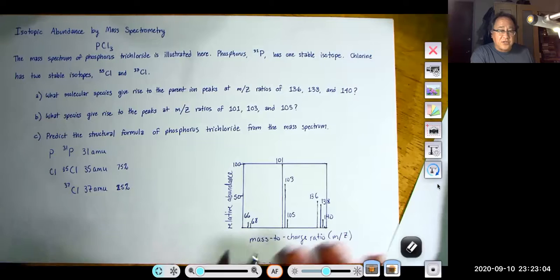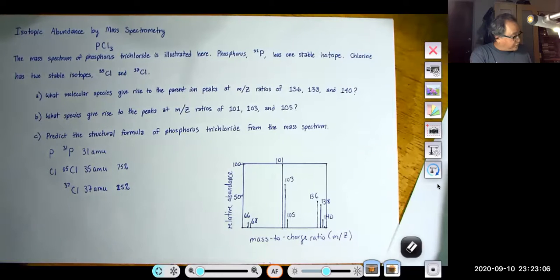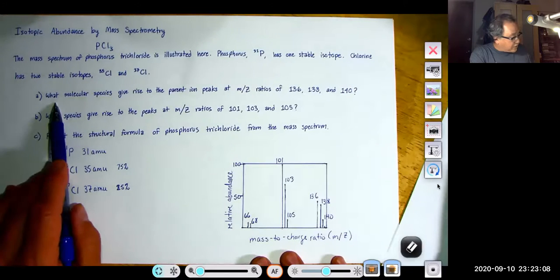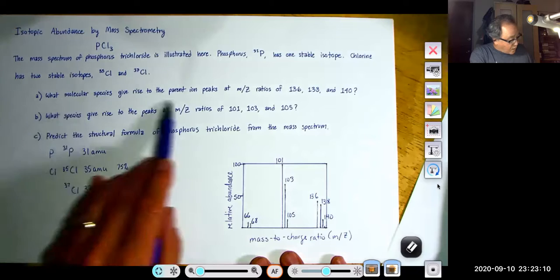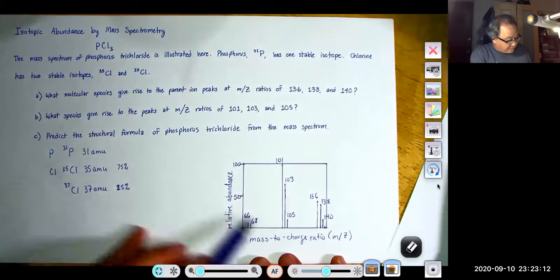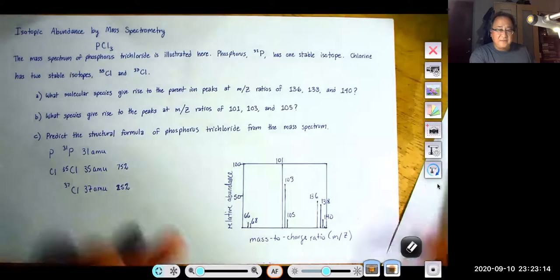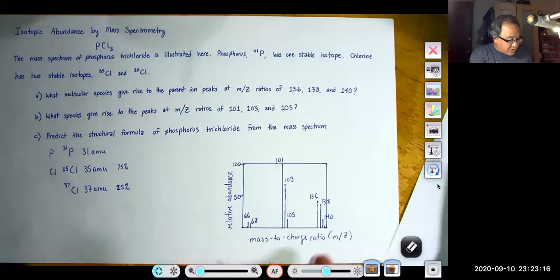Here's the mass to charge ratio. And what we're supposed to do is take a look at what all of these indicate. These are called the parent ions. The parent ions are the group of ions that are the largest.